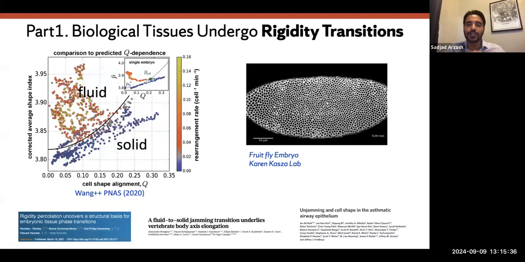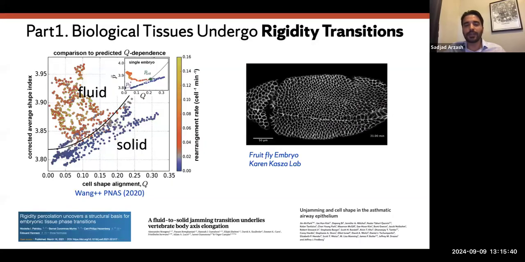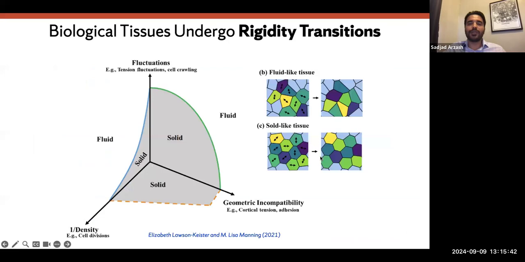How can we understand the rigidity of tissues in terms of this framework that I mentioned? To explain more about this rigidity that has been observed in these tissues, here is basically a jamming-like phase diagram for biological tissues. We know, for example, the effect of fluctuations and density on the rigidity of these tissues.